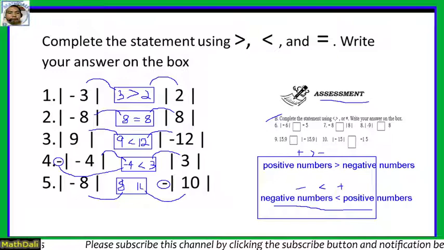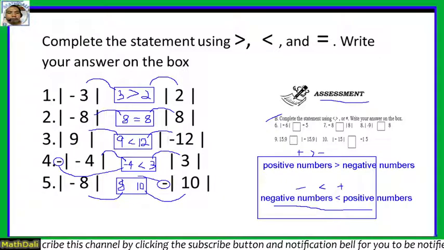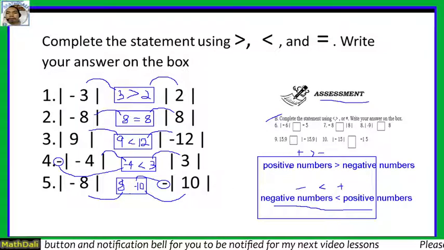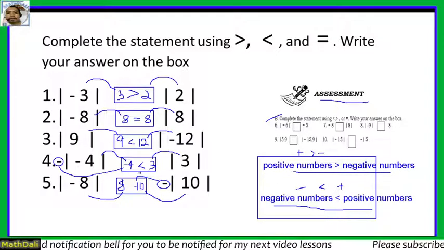That is positive 10. But since meron tayong negative dito sa labas, lalagay natin dito ay negative. Ayan. 8 and negative 10. So, positive is greater than negative. So, ang gagamitin natin dito ay greater than.